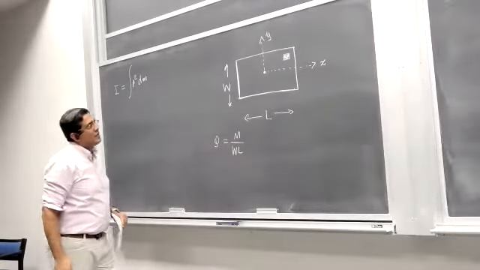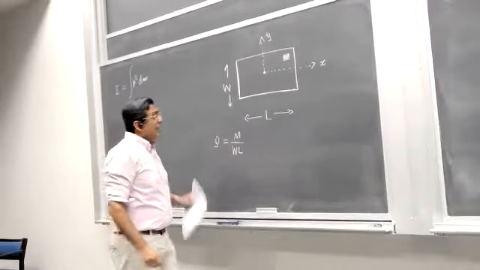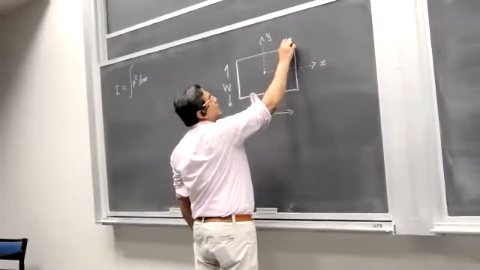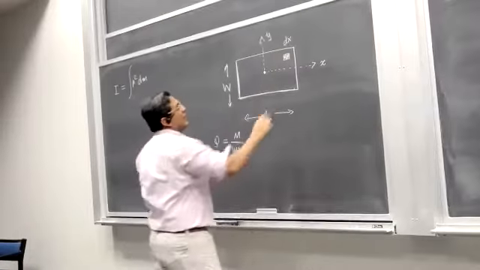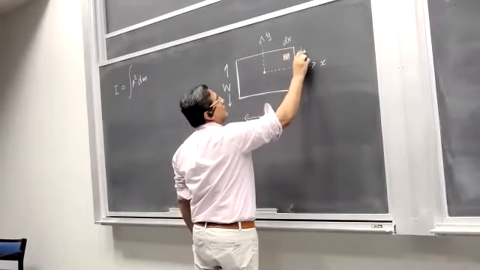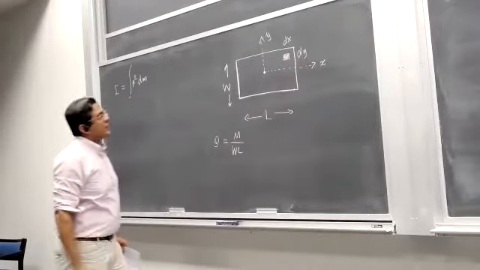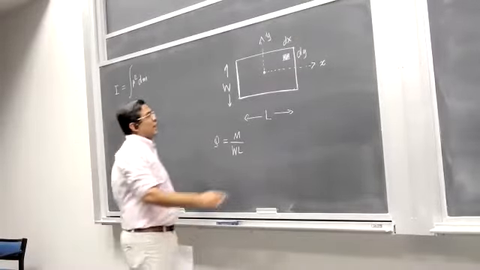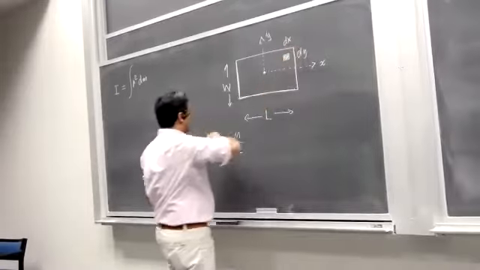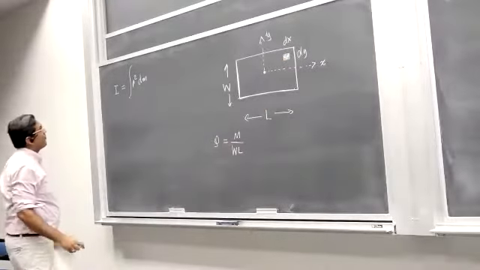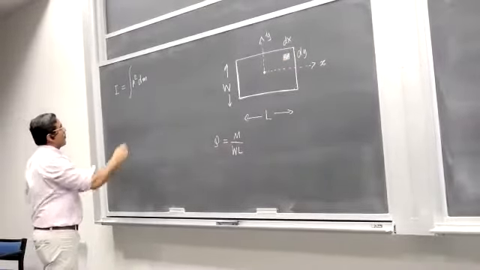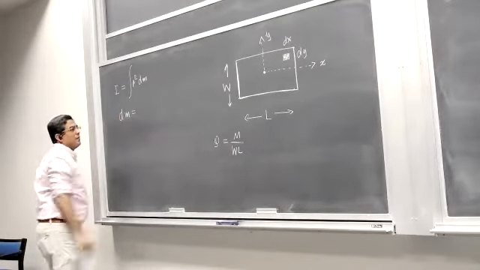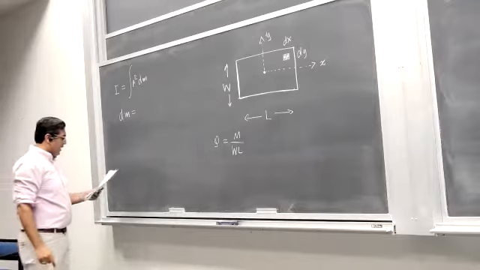If that is the density, and this little piece has length dx and width dy, can I write dm in terms of dx, dy, and the density? What would be dm then?